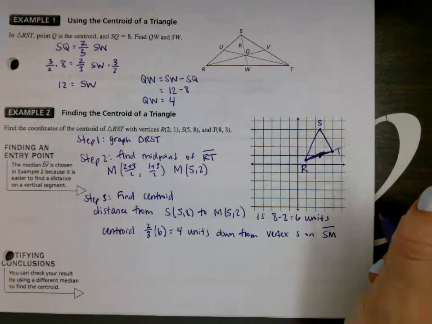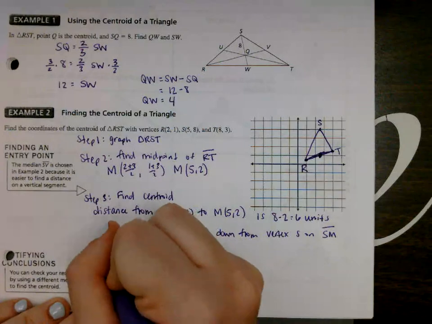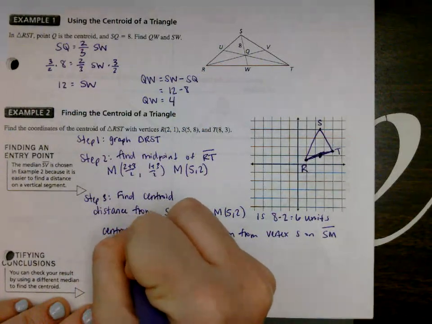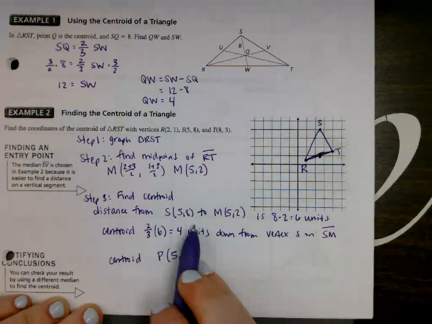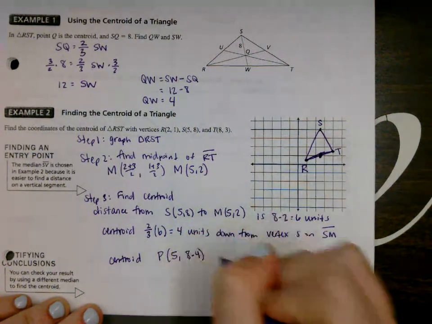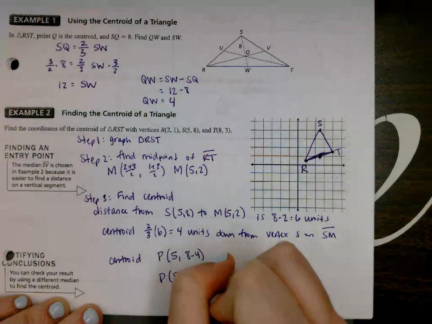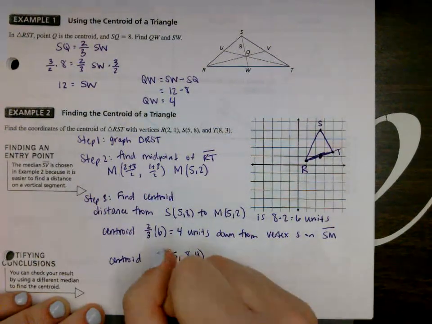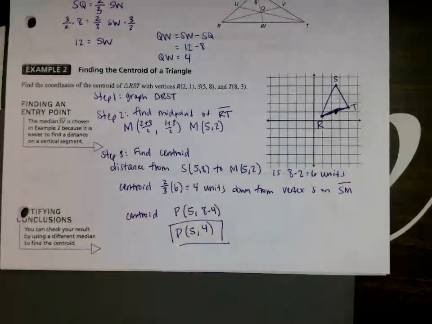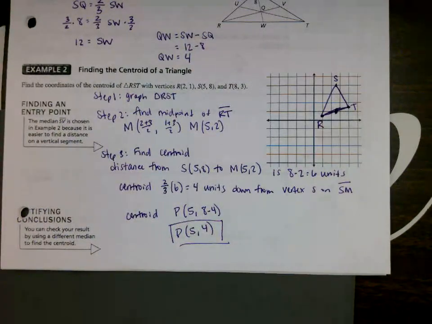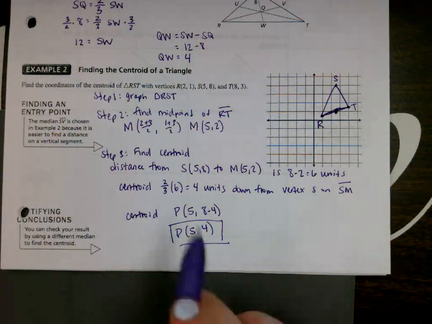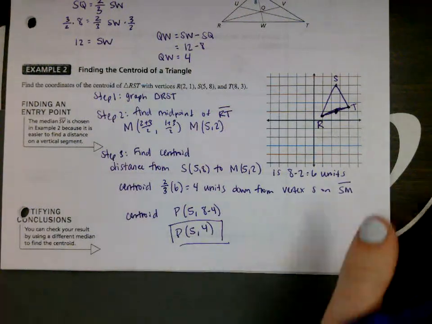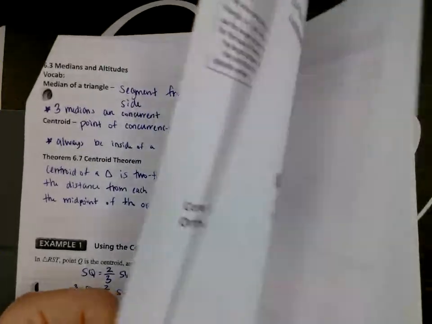So that means the centroid is at P, which is at 5, comma. I started at 8 and I'm taking away 4. So P is at 5, comma 4, your final answer. That one won't be as important to know, but it is important that you practice doing them. All right, so moving on then.